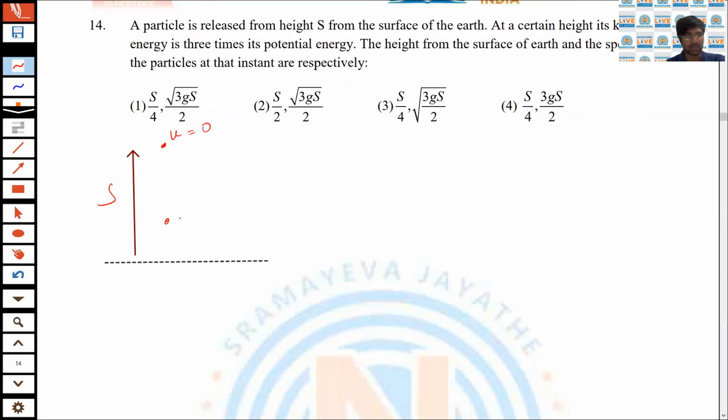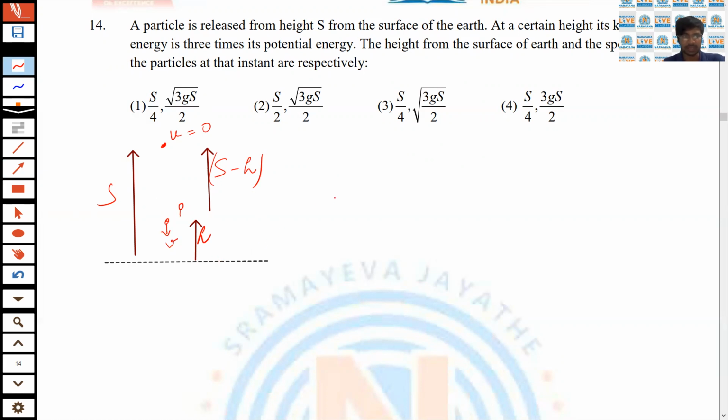Now let us take an instant point P where particle has reached a height h. So obviously it has traveled a height of s minus h, and the potential energy that has decreased is basically converted into the kinetic energy, which has made the particle move with a velocity of v.